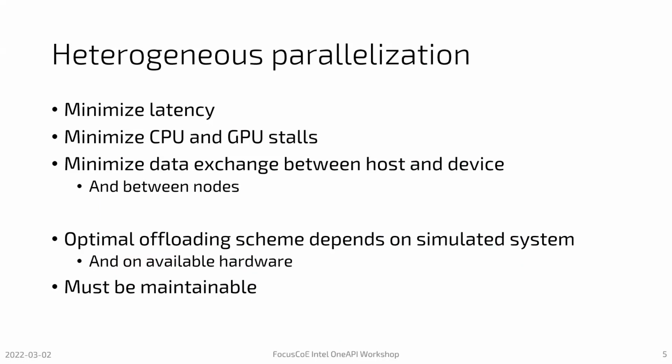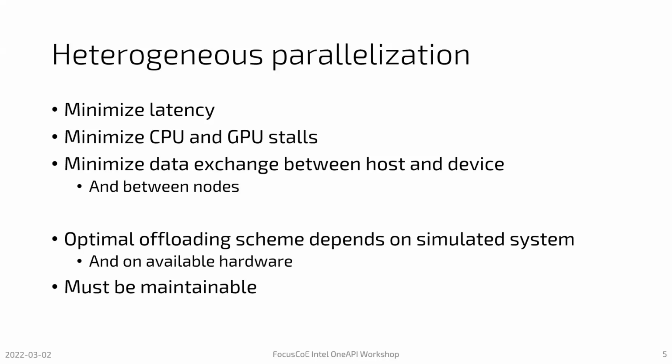And of course, we need to minimize data exchanges. So while we want to balance the use of CPU and GPU, we still need to split the workload and avoid transferring data too often to avoid hitting the PCI Express bottleneck.